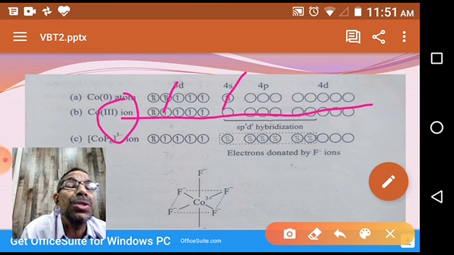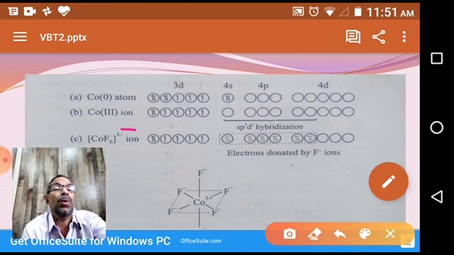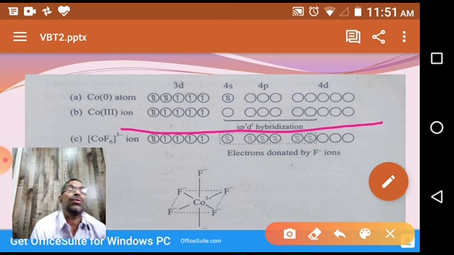Due to losing these 3 electrons, the electronic configuration of the cobalt 3 ion is 4s0, 4p0, 4d0 and 3d6. Pairing doesn't happen in this case.